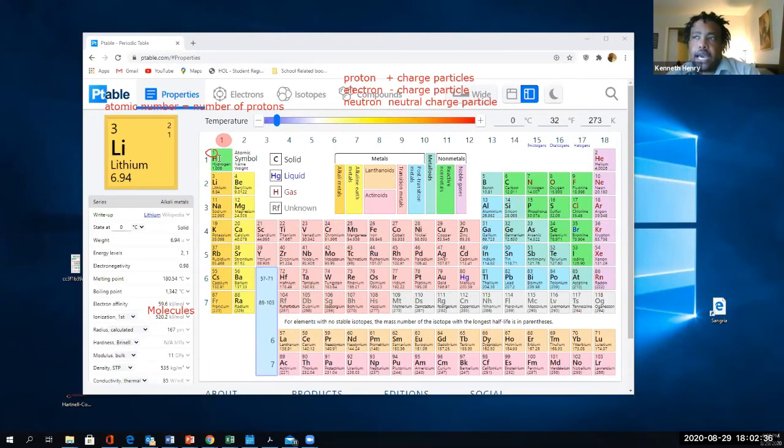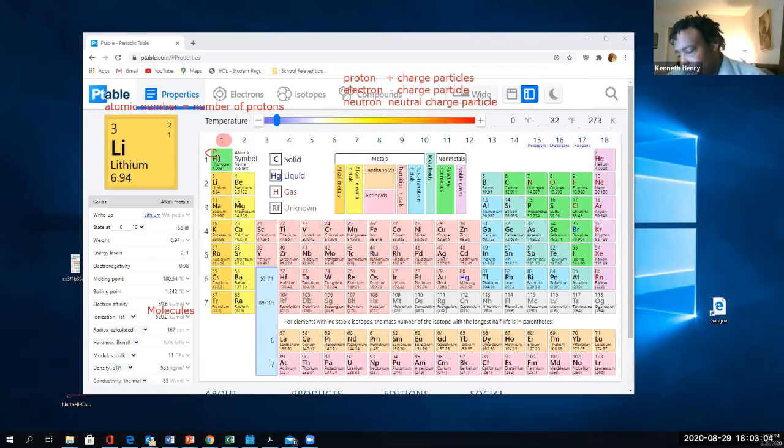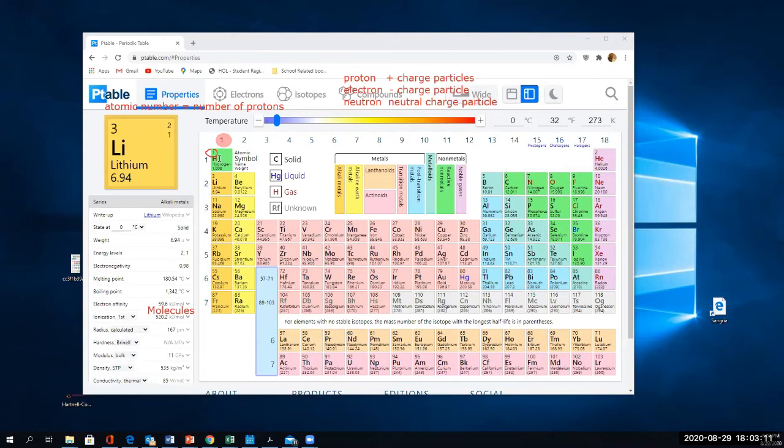That's going to define what hydrogen is. So how many protons does silicon have? What is the chemical symbol for silicon first? Si. So how many protons does silicon have? 14. What is the atomic number for silicon? 14. Okay.